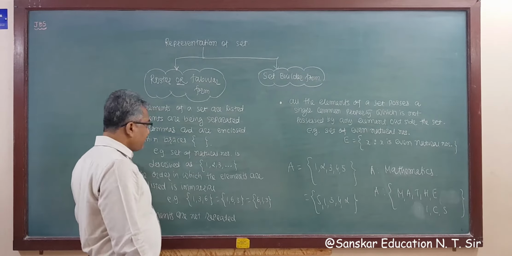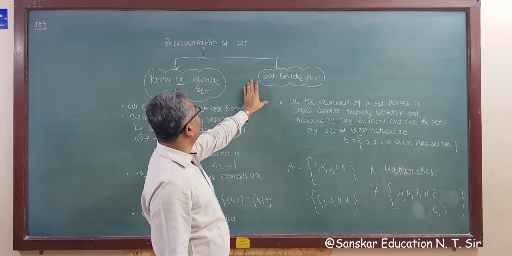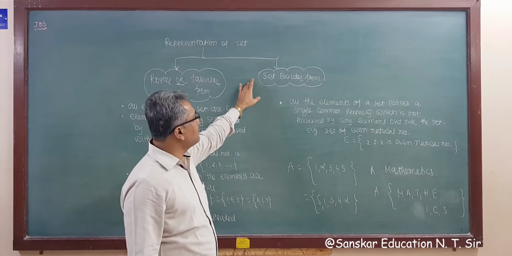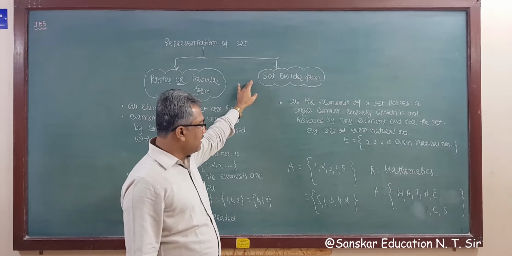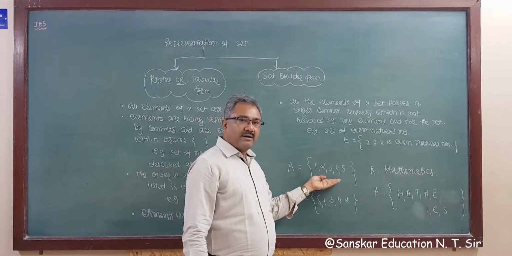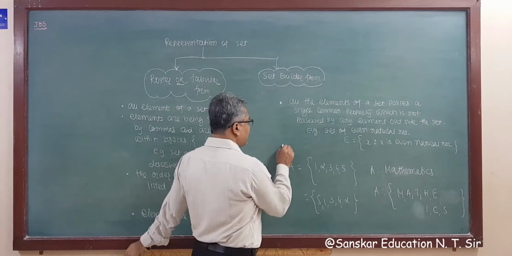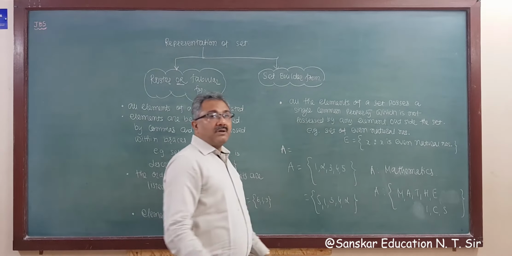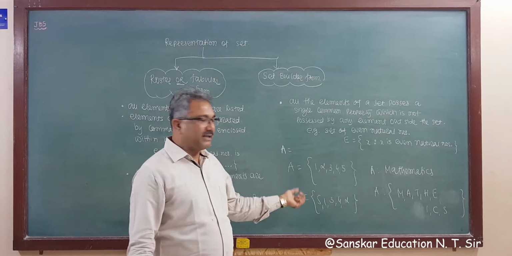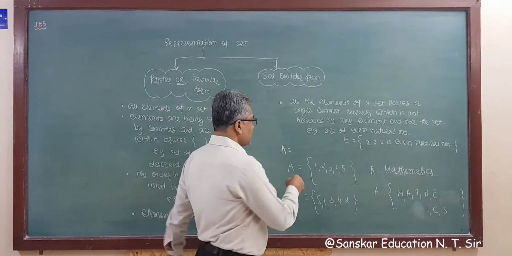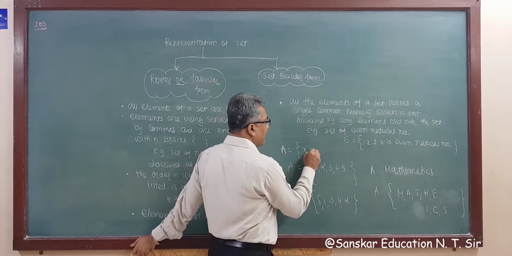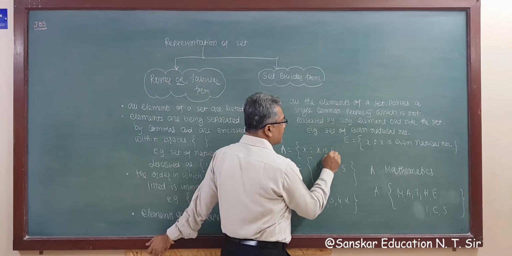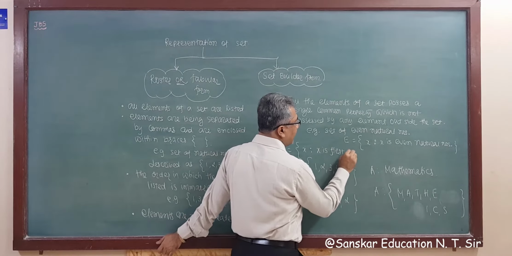The second way of representing a set is the set builder form. Suppose we have 1, 2, 3, 4, 5. We can write this with a property of the set, that is, the first 5 natural numbers. So we can write x, where x is the first 5 natural numbers.